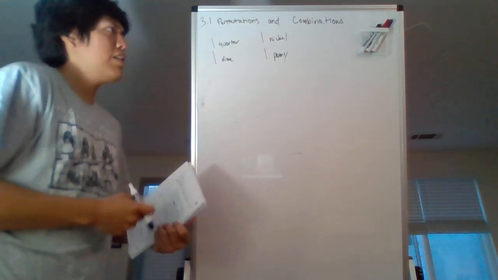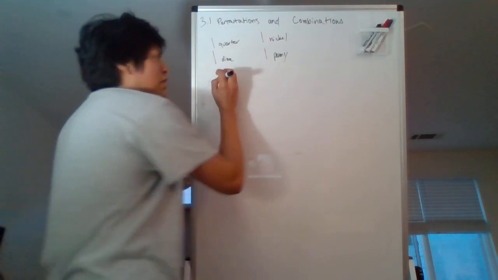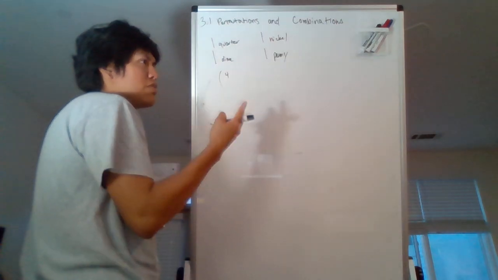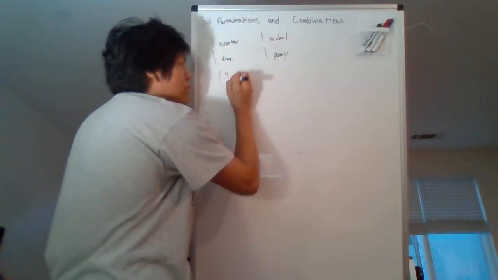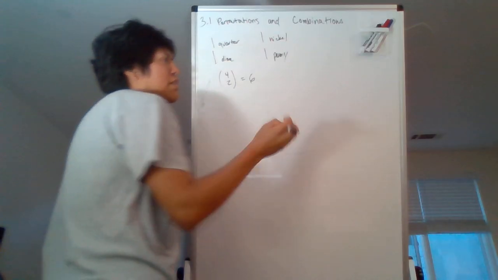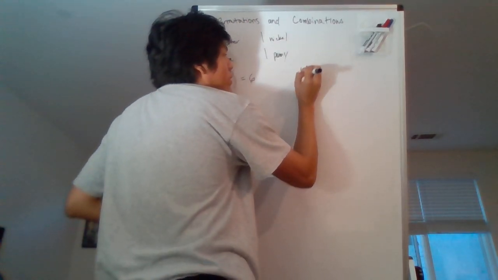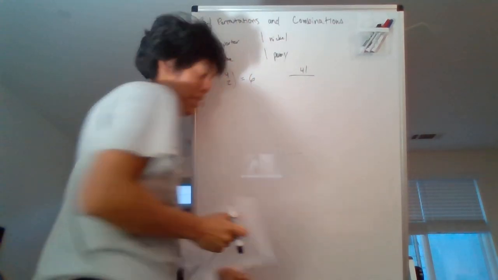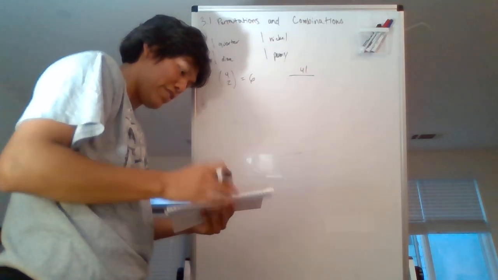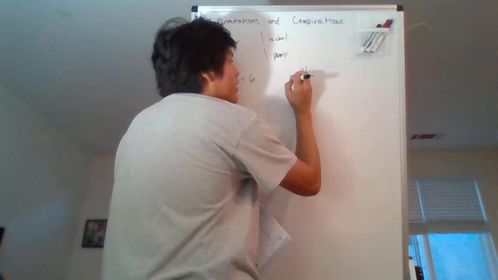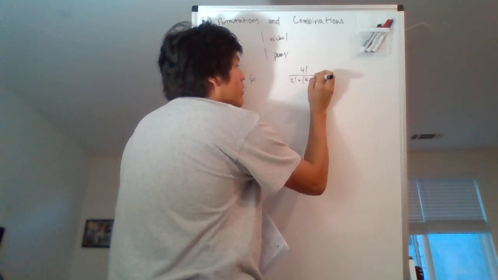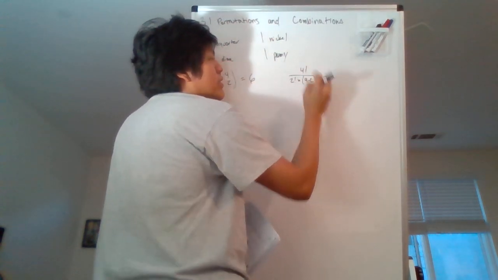Well, if we have 4 total coins, and we're asked how many ways we can choose 2, 4 choose 2, that's equal to 6. And that comes from the combination equation: 4 factorial over 2 factorial times 4 minus 2 factorial.